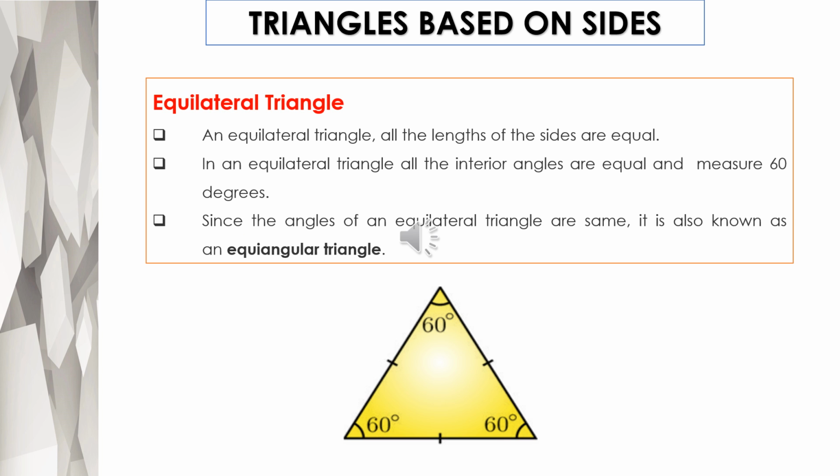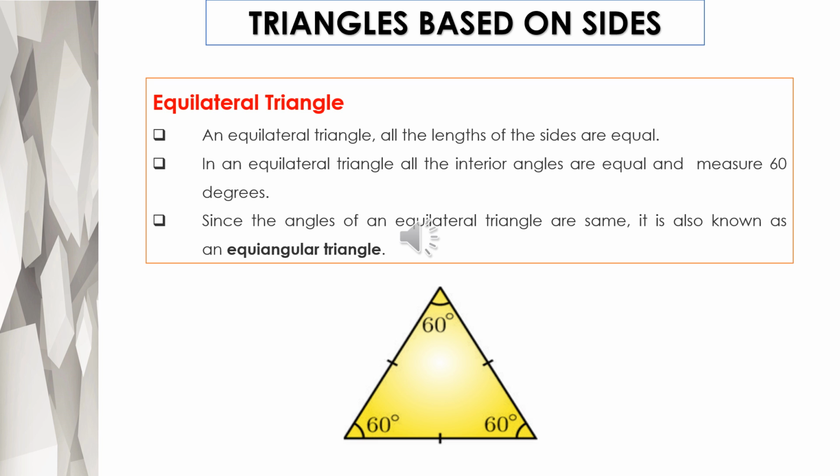Now coming to the equilateral triangle. In an equilateral triangle, all the lengths of the sides are equal. Can you see in the figure? All the sides are equal to each other. Now, in an equilateral triangle, all the interior angles are equal and measure 60 degrees.